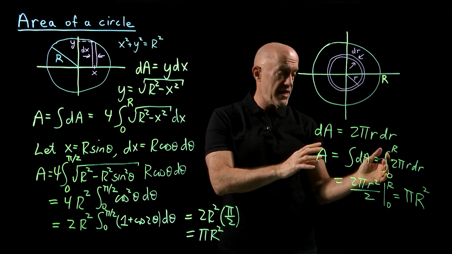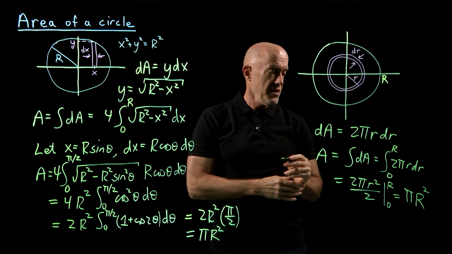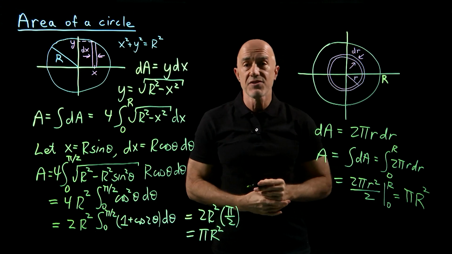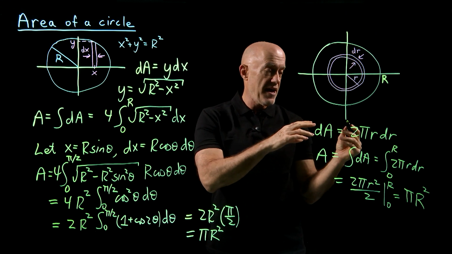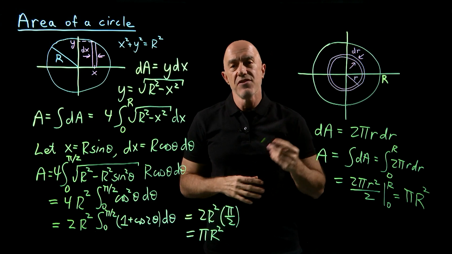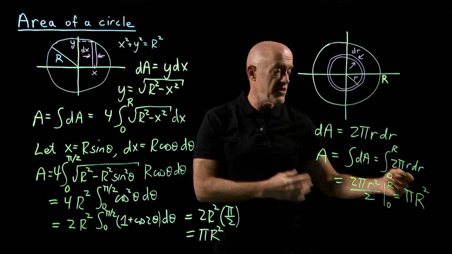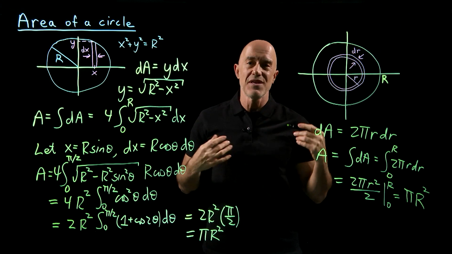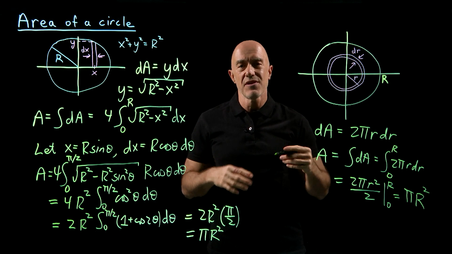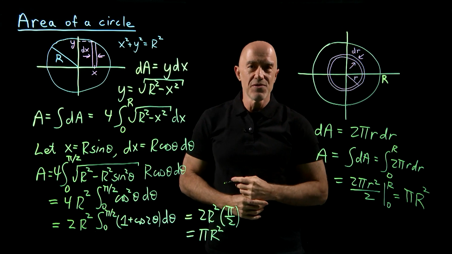From this particular case, we see that we're integrating a circumference. So the integral of 2 pi r gives us pi r squared. So the area is related to the integral of the circumference. And using the fundamental theorem of calculus, the derivative of the area is equal to the circumference. So now you know the connection between the circumference of a circle and the area of a circle through calculus.